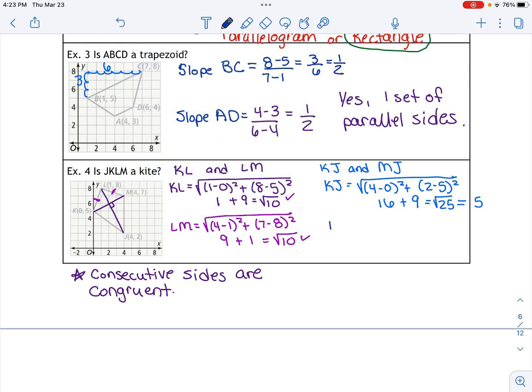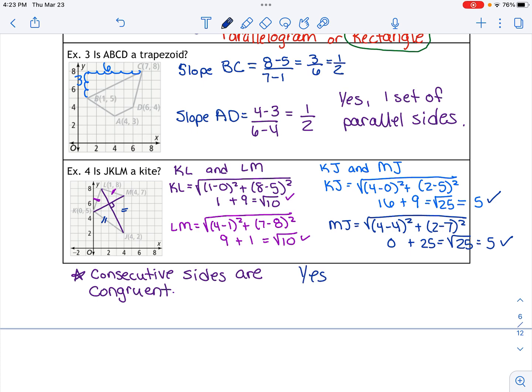Okay, so let's do MJ. 4 minus 4, well that's 0. And 2 minus 7. So we get 0 plus negative 5 squared is positive 25. So I get square root of 25 again. So I'm going to put a check mark. These guys are also equal. So to be a kite, consecutive sides like that need to be equal. So yes, this is a kite.